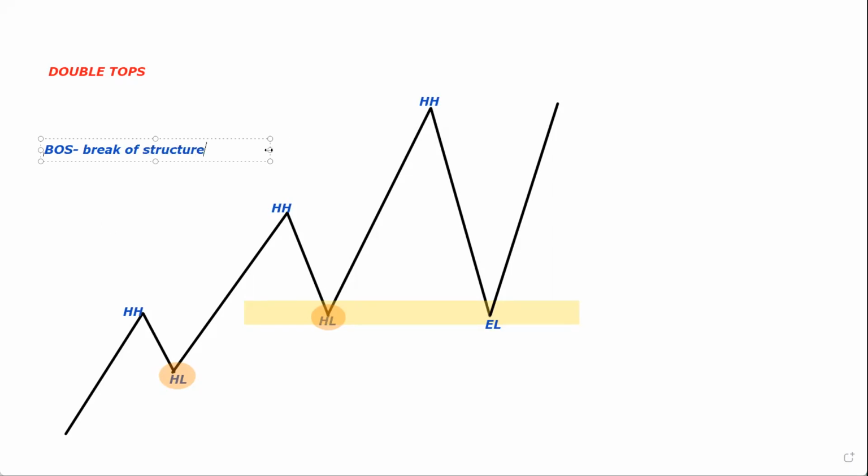If we do not see a break of structure, and this market decides to start pushing down, decides to come back down, at this point right here we have established an equal high, and that's giving us our double top.